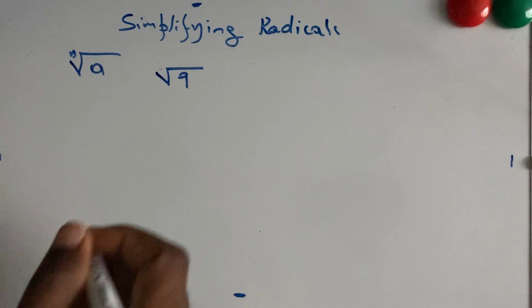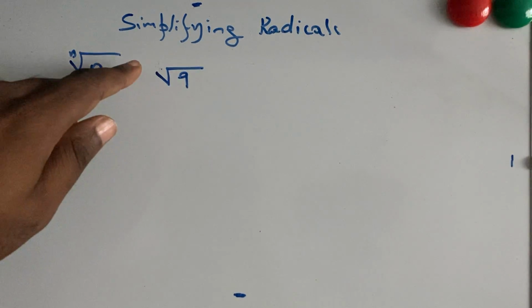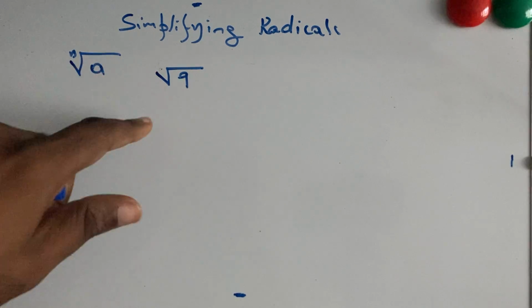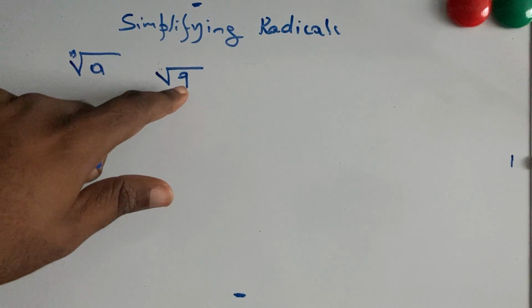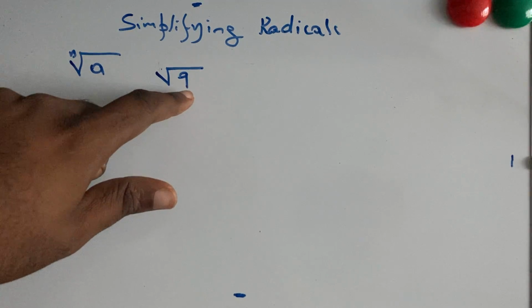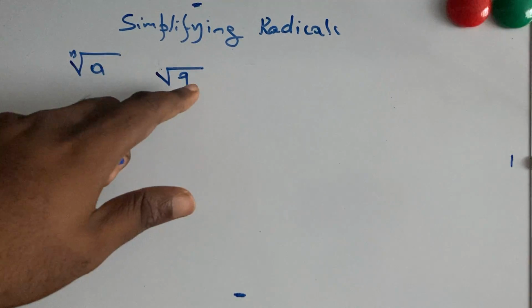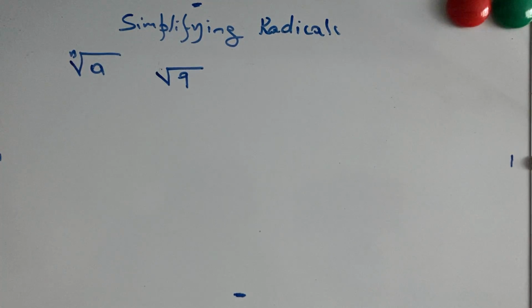Okay. Now, square root of 9. Anytime you check the index, since I know it's a 2, I know that I need the square root of 9. So I need a number times itself that could give me 9. That's the actual answer to this: a number squared that would give me 9.